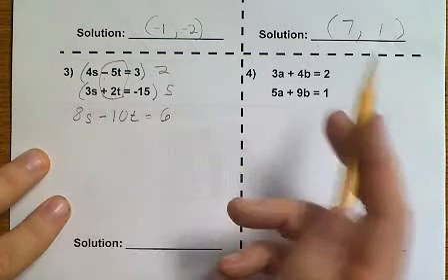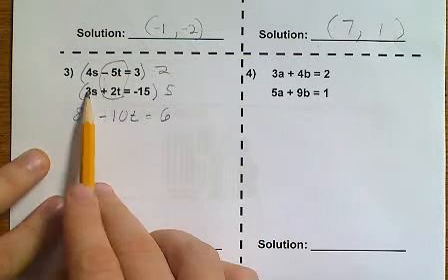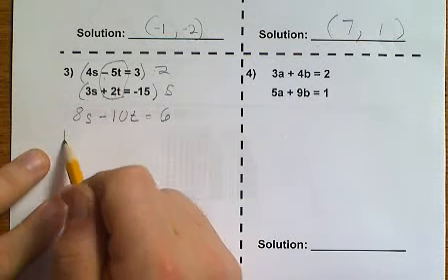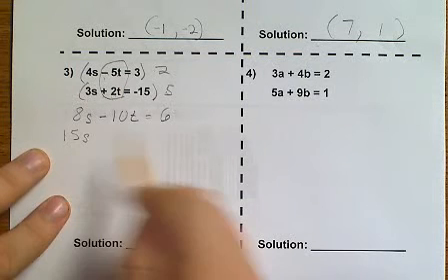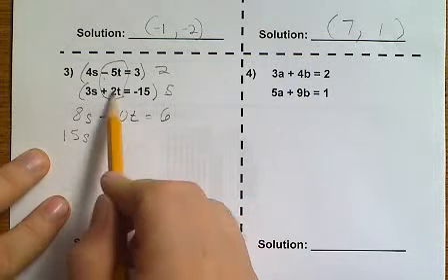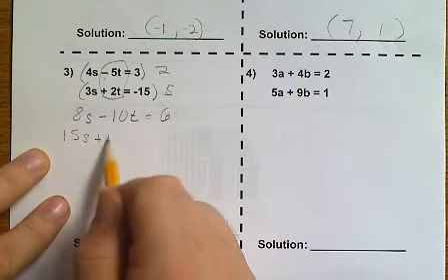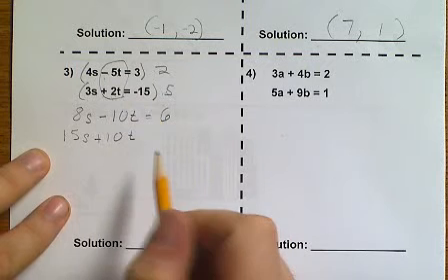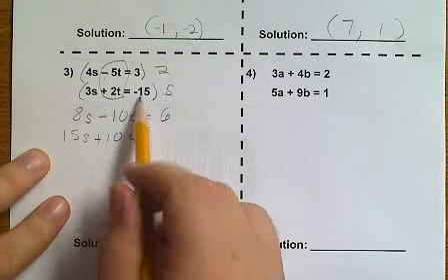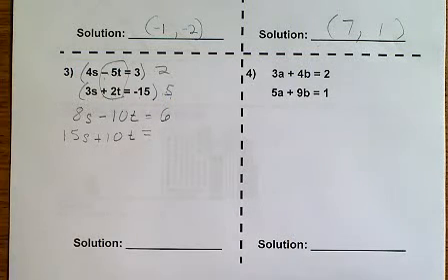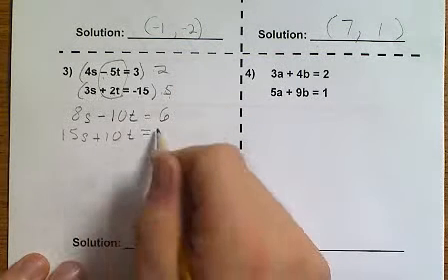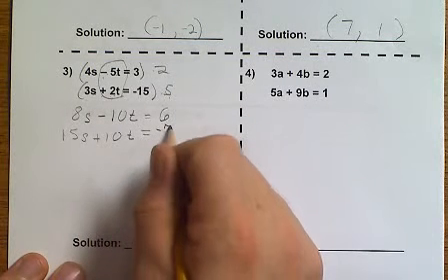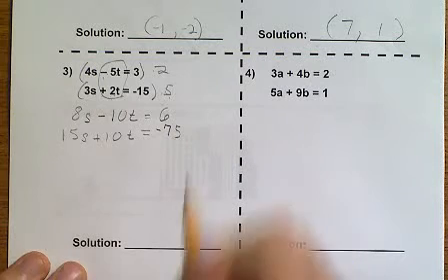Now for the bottom equation, 3 times 5 makes 15s. 2 times 5 makes 10t. And negative 15 times 5, because it's negative, makes negative 75.